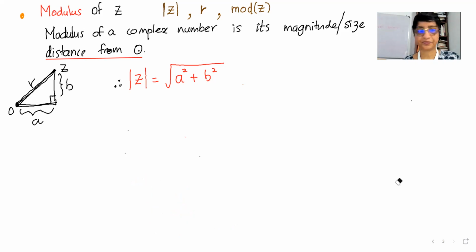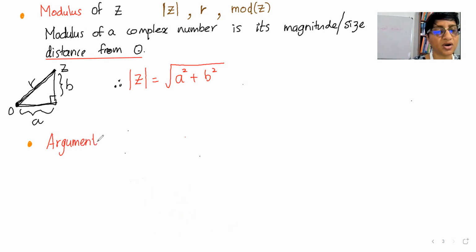Next is argument. Now, don't ask me who came up with that word, argument. Argument of Z. All these are attributes of your complex number.